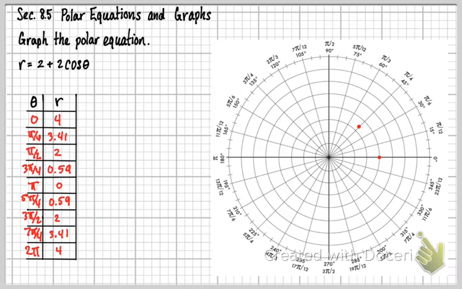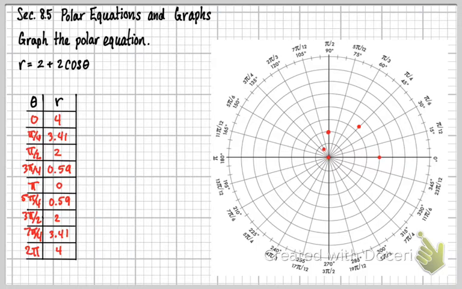The next one at pi halves is going to be 2, so that'll be here. Then my next one at 3 pi fourths, which is here, is going to be 0.59, so a little more than half. And then at pi, it's 0, so on this line right here it's going to be at the origin.